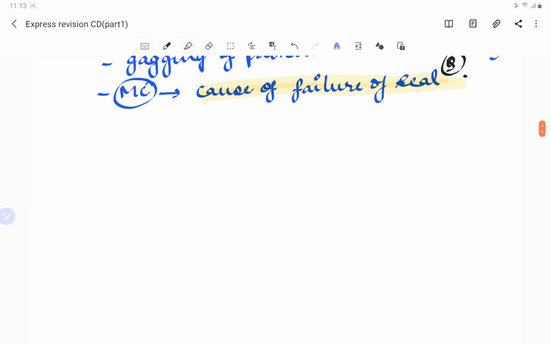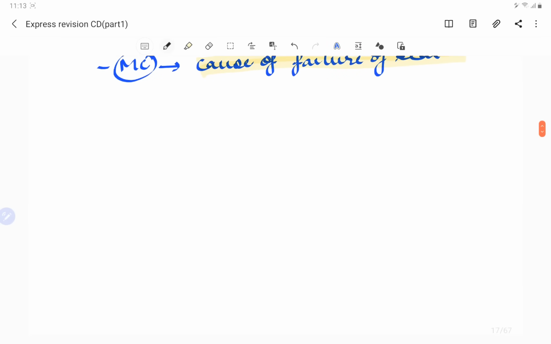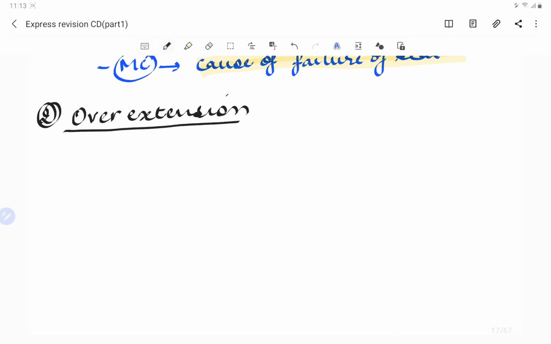Now talking about overextension. Overextension means you have overextended the distal surface of the denture. Not the whole denture will be overextended; there are going to be some areas we are talking about.